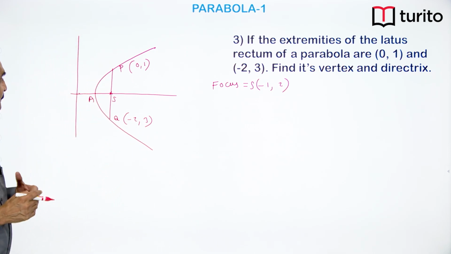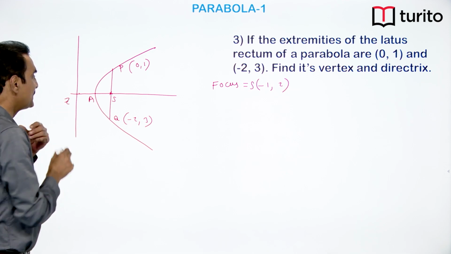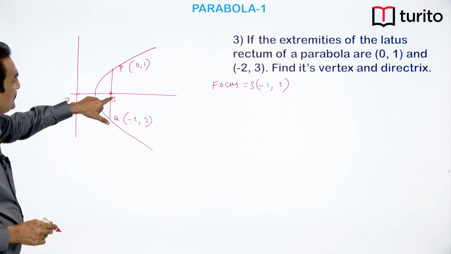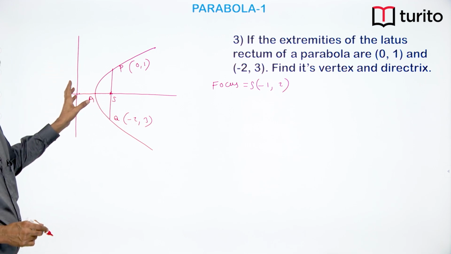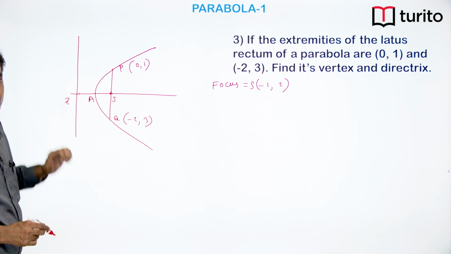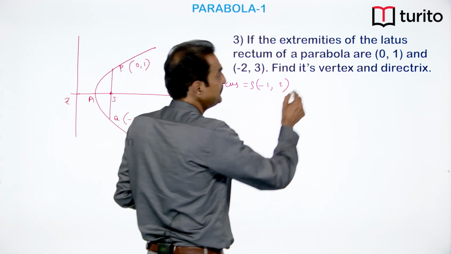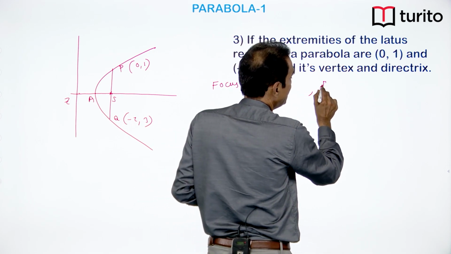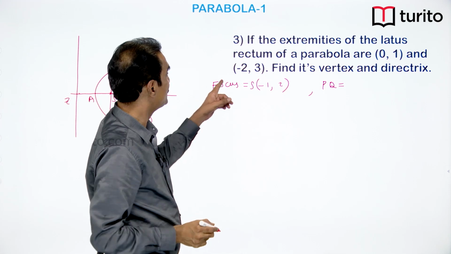And we have already discussed one property. What is that property? The distance between the focus and directrix, that is ZS, will be equal to half of the length of the latus rectum. What is the length of the latus rectum? Distance between the given points, PQ is equal to how much?